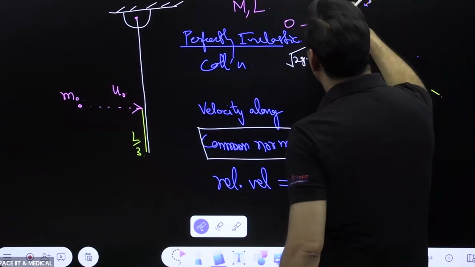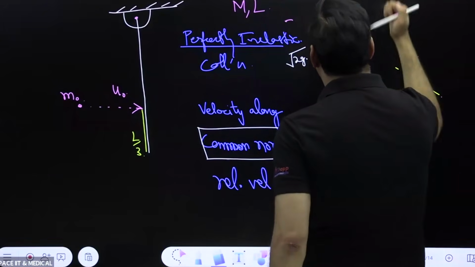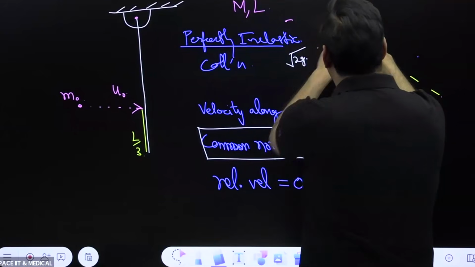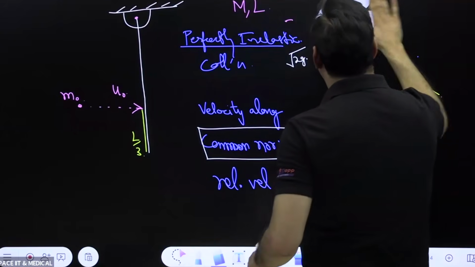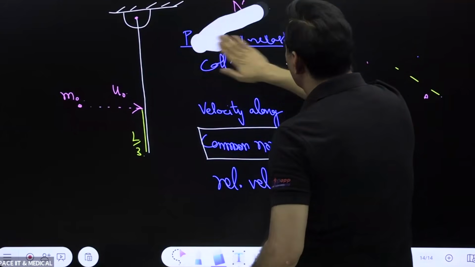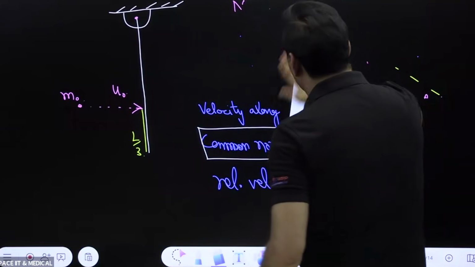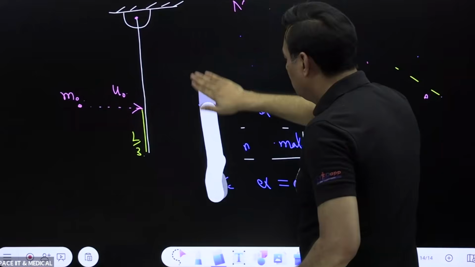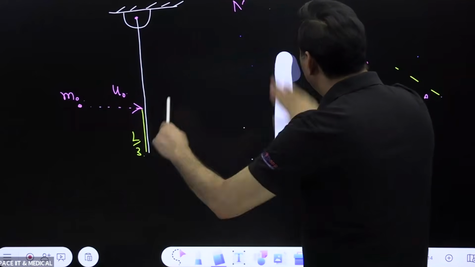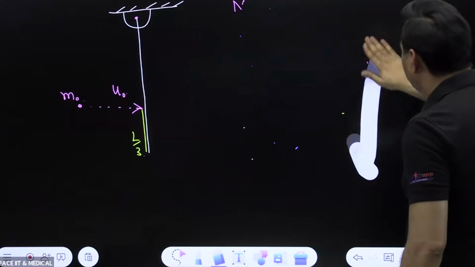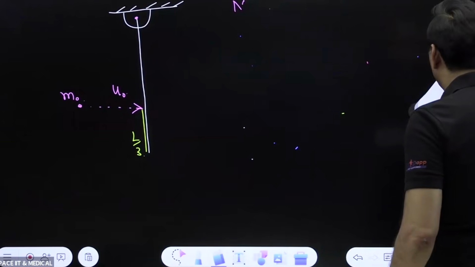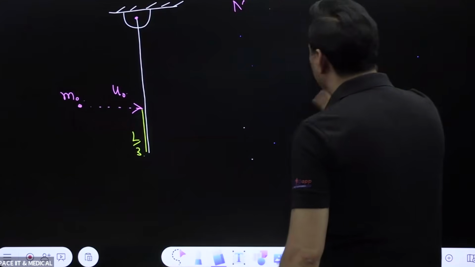Try to do this question. This collision is perfectly elastic. Or let's take it inelastic, it will be easier for you. We shouldn't keep doing one type of question only.